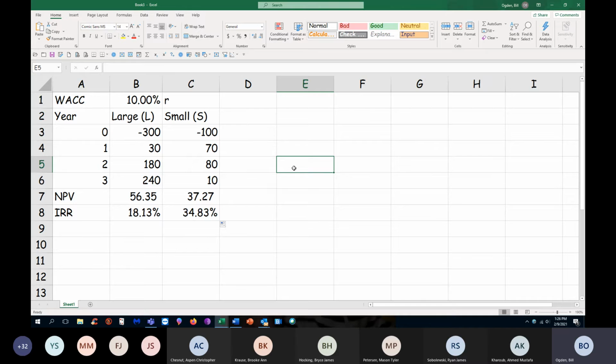And again, if you woke up just a little bit in the 320 class, your instructor would have said, choose the one with the highest NPV. And that is pretty much correct. I only say pretty much, and that is because there's always the boundaries of common sense.